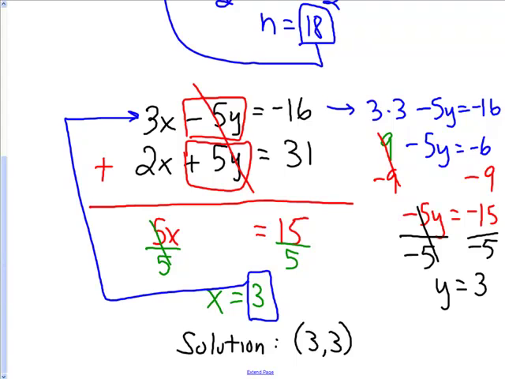Oh, I see where I messed up. I forgot to put this 1 in here. So negative 16 minus 9 is negative 25, and negative 25 divided by negative 5 is in fact 5. So our solution, I'm sorry, is 3, 5.